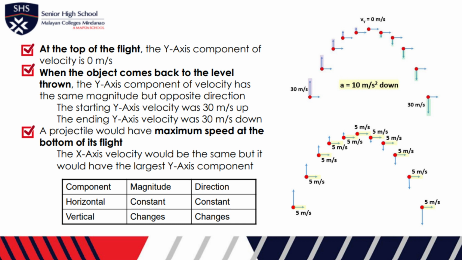A projectile would have minimum speed at the top of its flight. The x-axis velocity would be the same, but it would have the largest y-axis component at the bottom. Therefore, if we summarize, on the horizontal component, the magnitude is constant as well as the direction.